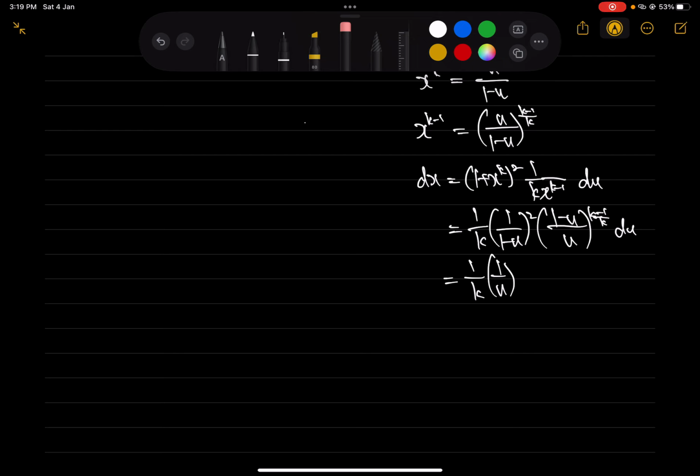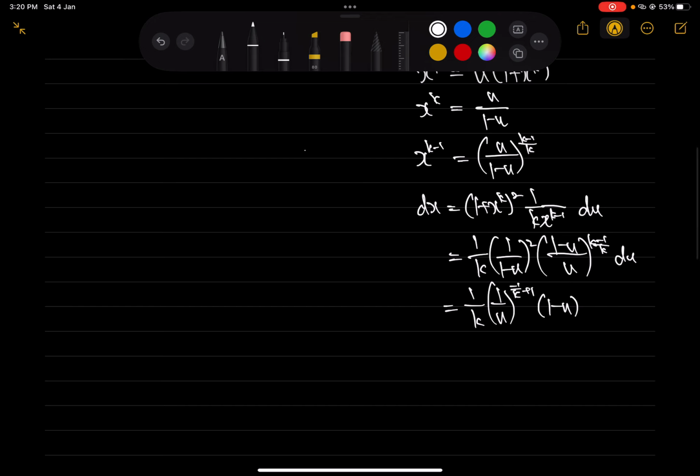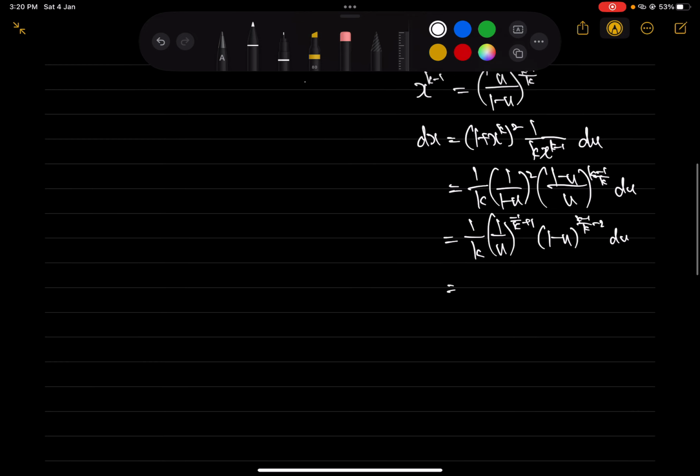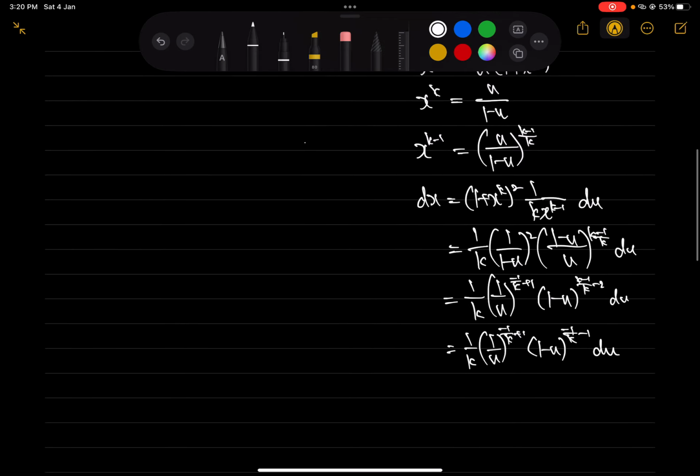Let me think about it: (k-1)/k is negative 1 over k plus 1, and then we have 1 minus u to the power of (k-1)/k minus 2 du. And now we could start subbing in things.